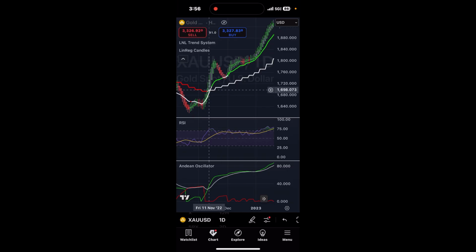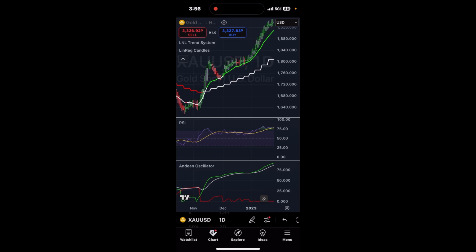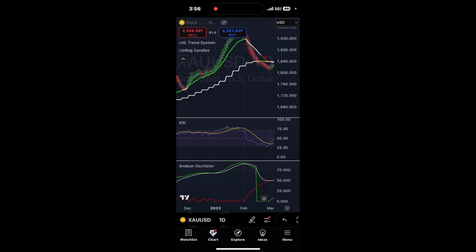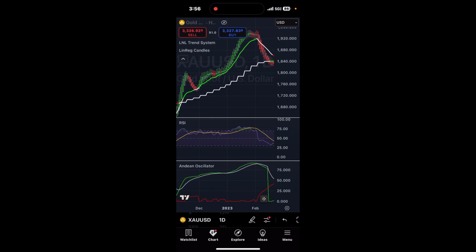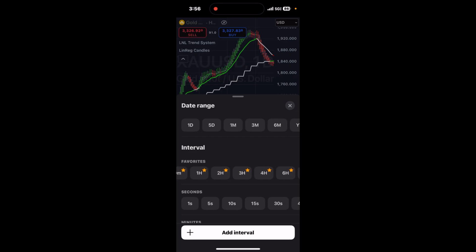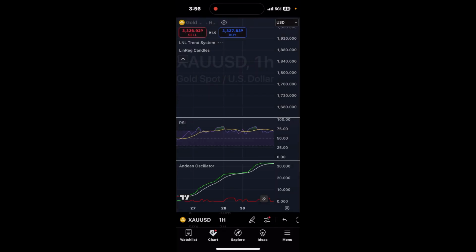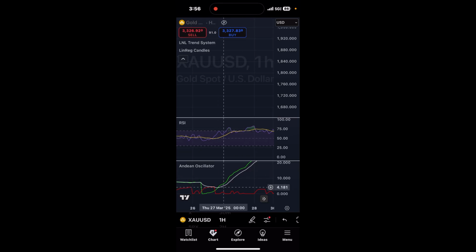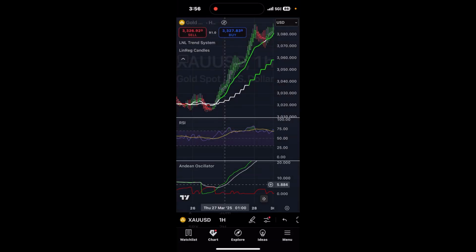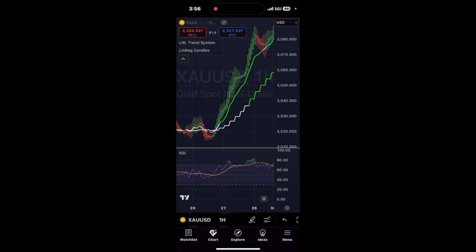See, it crossed here. And if you miss that, you can go to smaller time frames and wait for there to be crosses up. If you can't get that on the day, you can go to the hour and just wait for the green line to cross the white line. And you'll find your entry point there.